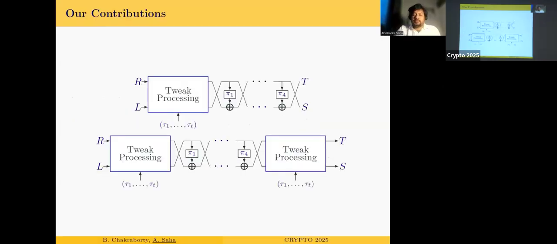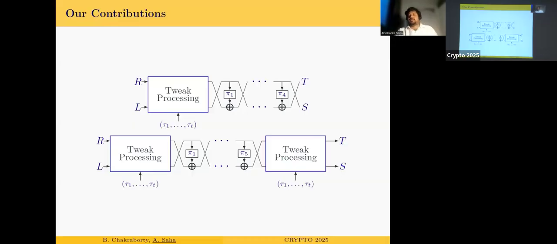So to just replace the functions in the Goldenberg candidates with permutations, we get these constructions. But for CCA security, we consider one more round of PLR. So instead of 4-round PLR being sandwiched by tweak processing parts, we actually consider 5 rounds of PLR sandwiched by the tweak processing parts.